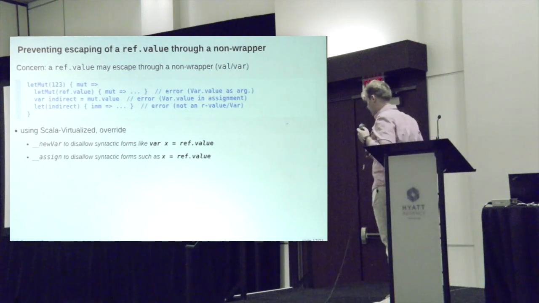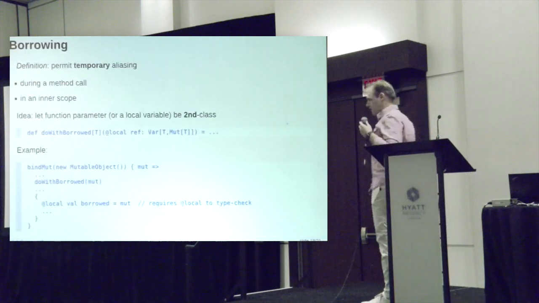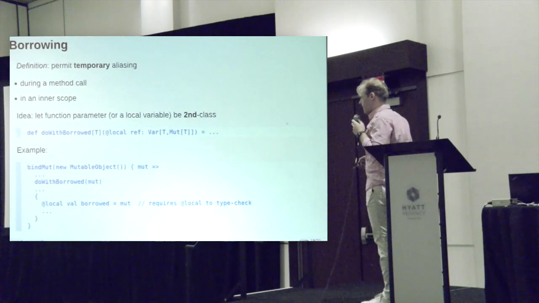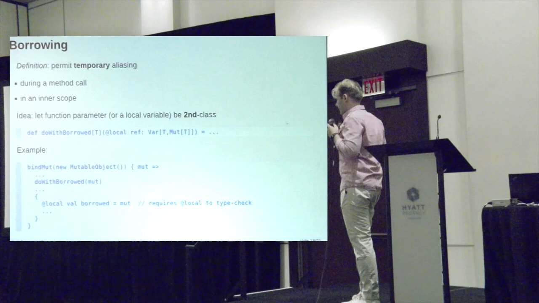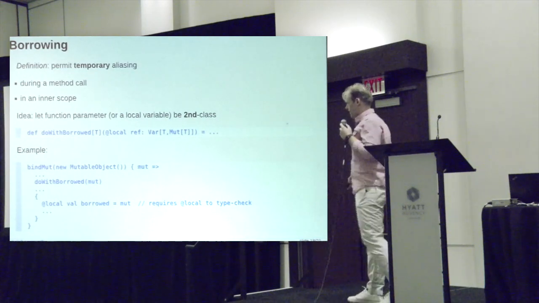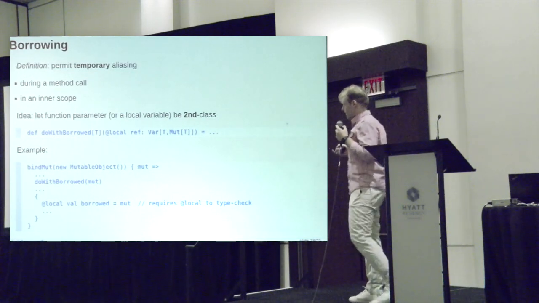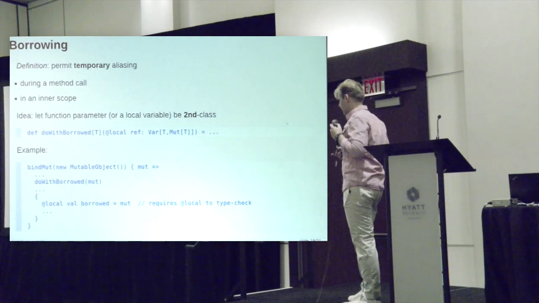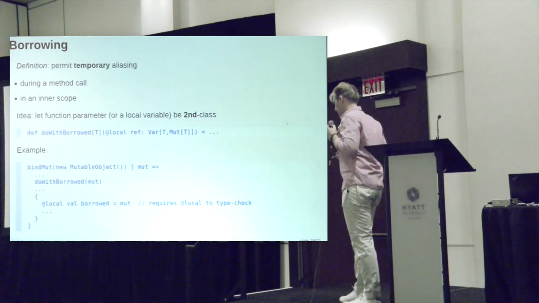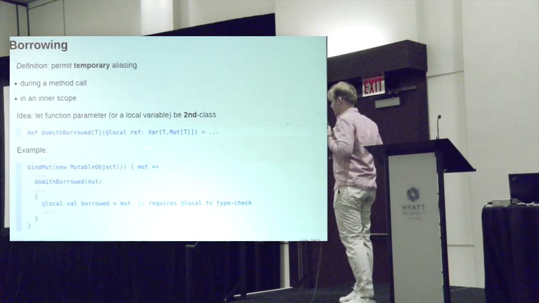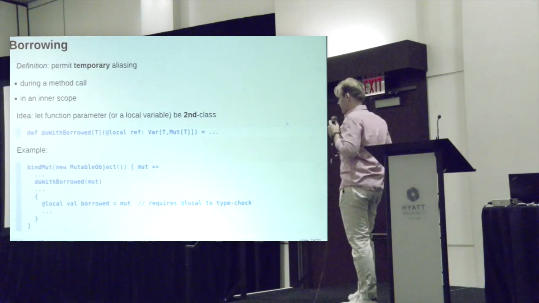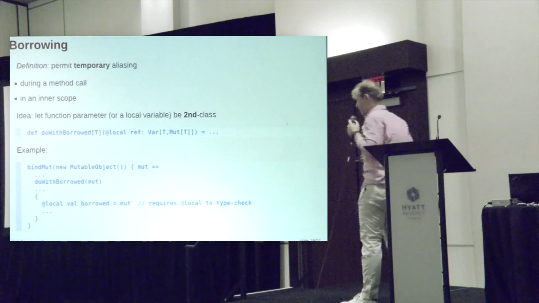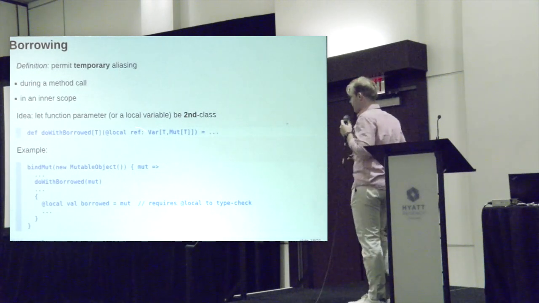And now we come to the key concept of our work, which is borrowing, how to model borrowing. As I said earlier, because of the similarity of second-class values and borrowed references, we can just make the references that we expect to be borrowed, we just make those parameters second class, these local annotations.